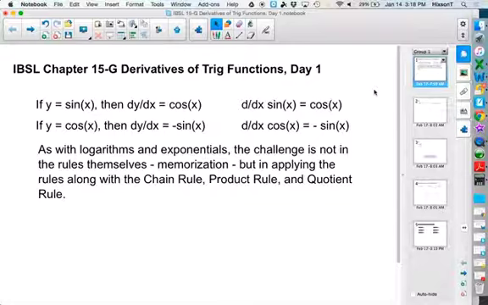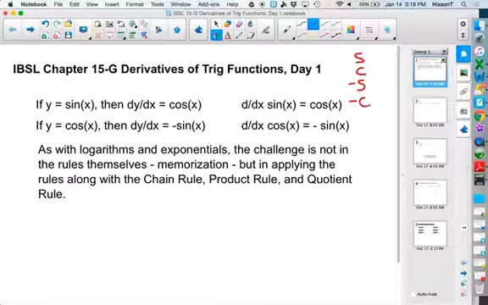Now, before we get into actually using this, I want to show you something that Mrs. Barbag actually came up with that's really helpful in helping you remember these. It's S, C, negative S, negative C. We do it cosine, sine, because the negatives are in the middle.